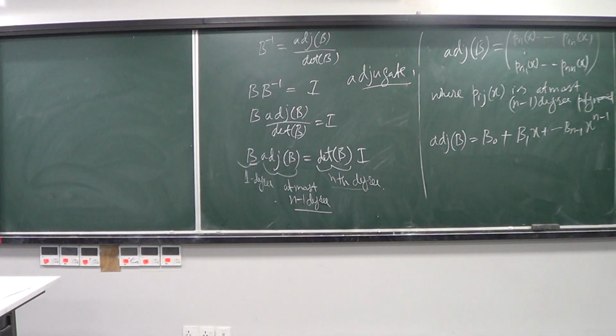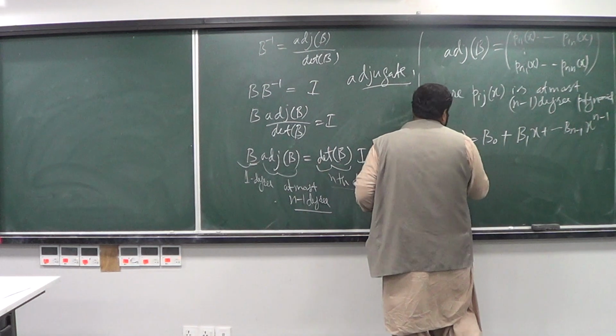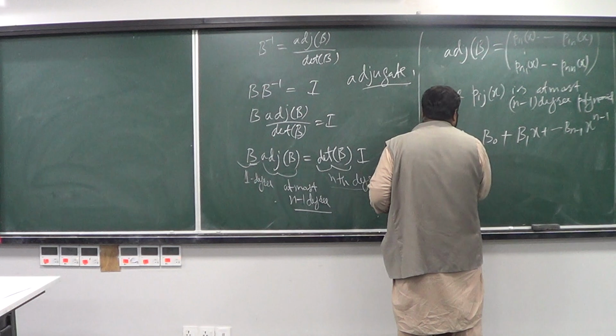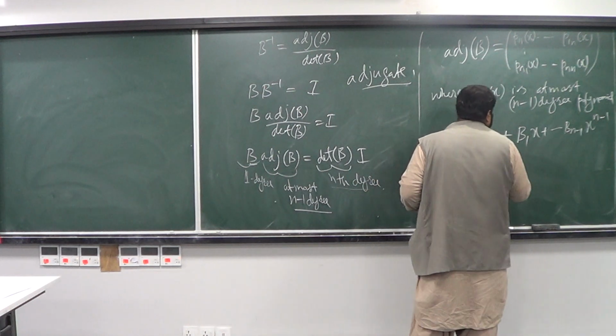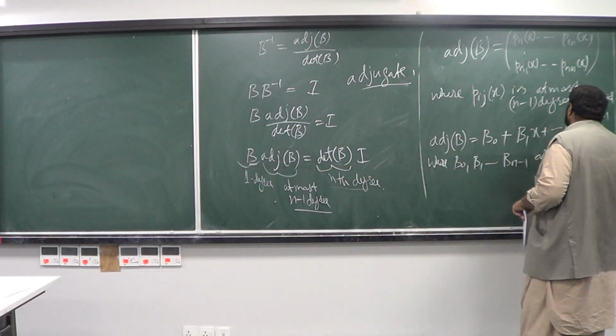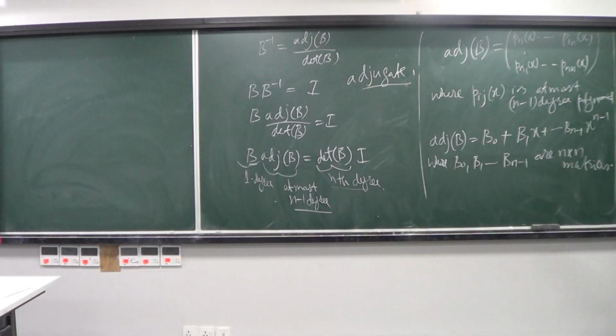So that's how this adjoint of B is going to be a matrix polynomial, where all of these B0, B1 up to Bn-1 are n by n matrices.